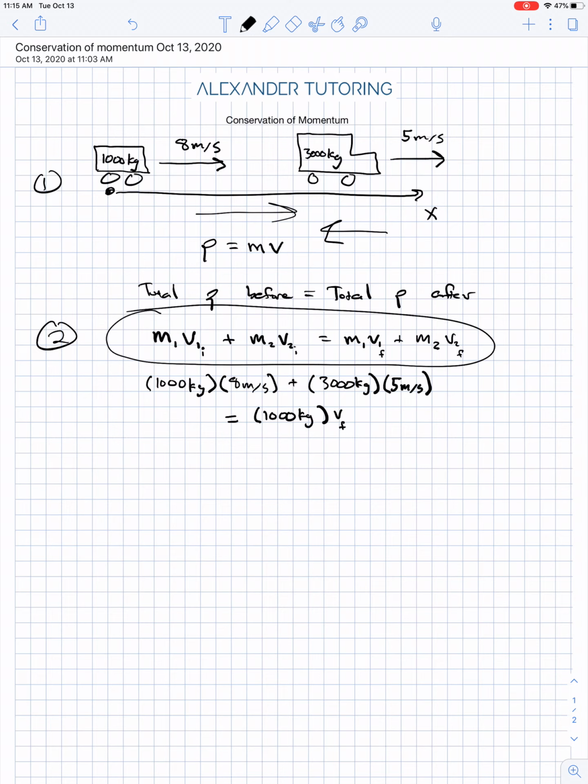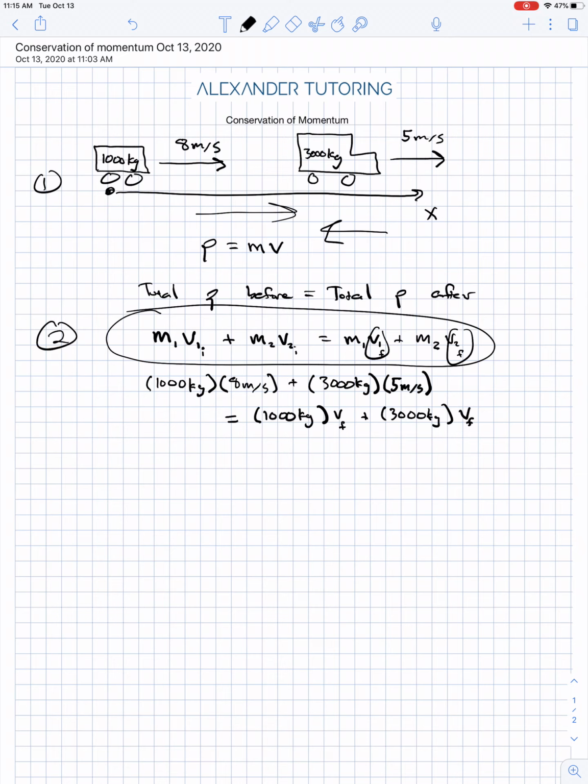So they're going to have the same final velocity. In other words, V1 final and V2 final are the same number because they're stuck together. So we'll just call it V final. No need to differentiate. Okay, so plus M2, the mass of the truck, 3,000 kg, times the same V final, again, because after the collision they're stuck together and they're going to have the same final velocity.